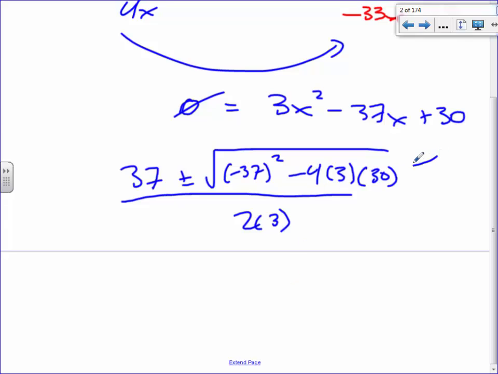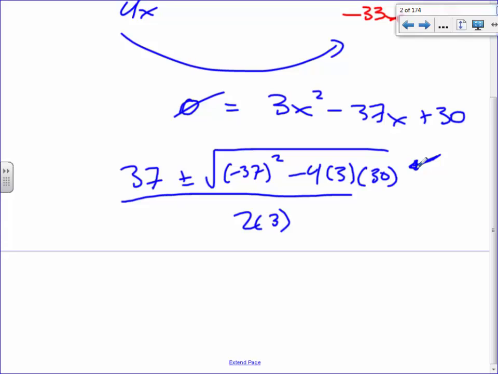Do you guys recall what the square root tells us about the answers? What if the square root is positive? How many answers are there? What if the square root is negative? There are no answers. And if the square root somehow ends up being 0, there's one answer.